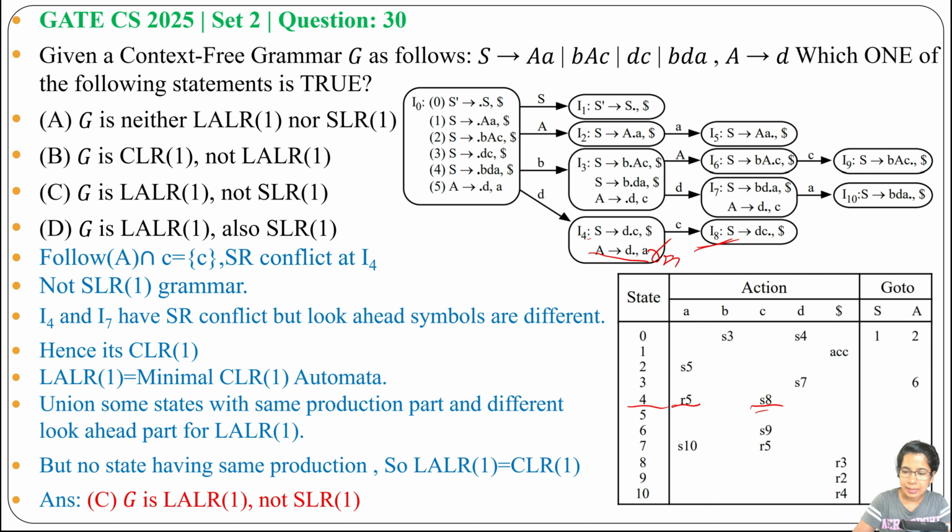Now check I7. In I7, this R5 will be written in the C column, and this transition by A, we are going to I10, that will be written in the A column. So shift we are writing in the A column, reduction we are writing in the C column. Hence there is no SR conflict.